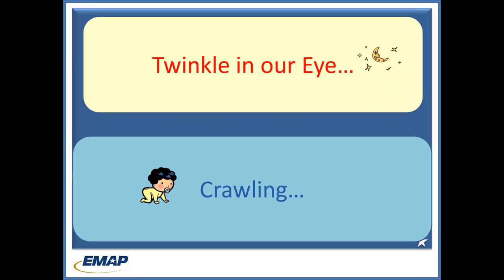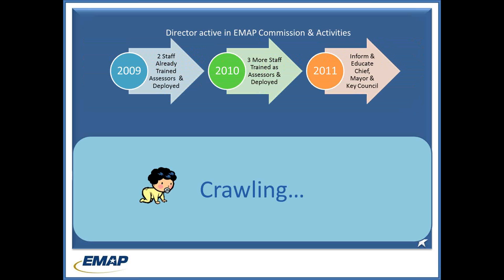So we were a twinkle in the eye at one point. Back in 2009, there were 2 of us on staff that were trained assessors and had gone out on numerous deployments. In 2010, we had an additional 3 staff get trained up and go out on assessments. I'll echo Kevin's comments about how interesting and insightful it is to be an assessor and see what other professionals are doing, and it really helps you focus in on what you need to do for your own program.